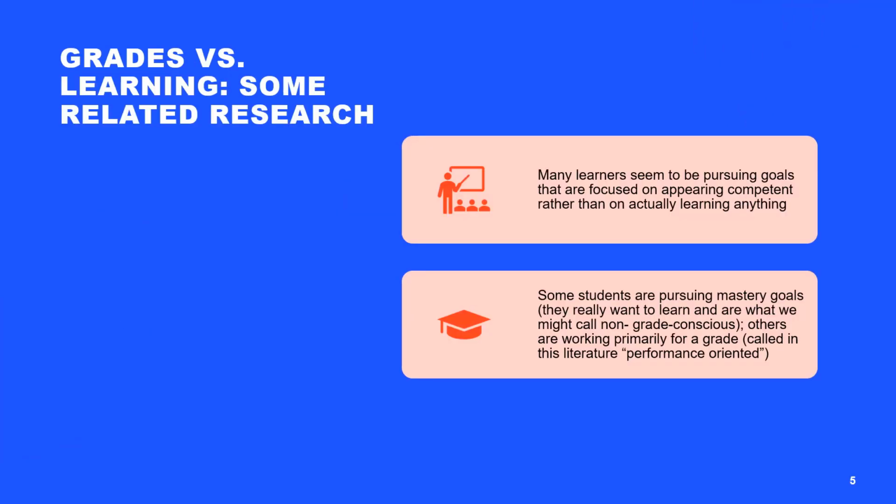And so we're spiraling back to that question of grades versus learning. We know that there are some learners in our classes that are pursuing goals focused on appearing competent rather than actually learning anything. They just want to do enough to get by. They just want to pass the class because it's in the list of courses to take on their degree.